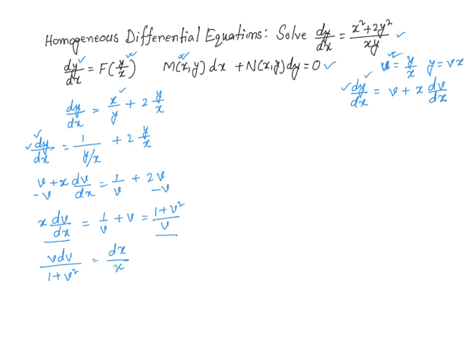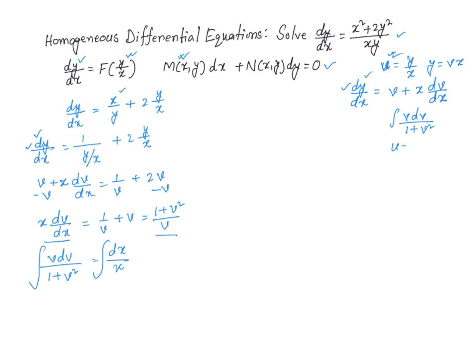At this point, I can integrate both sides corresponding to the variables on each side. Left hand side, I'm going to integrate with respect to v. Right hand side, I'm going to integrate with respect to x. And the integral on the left hand side is pretty straightforward. You can just do a substitution: integral of v dv over 1 plus v squared.